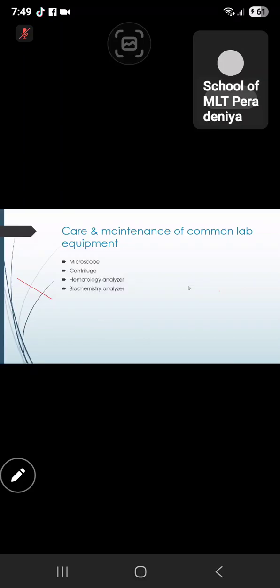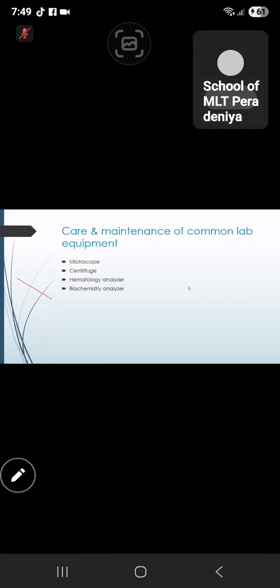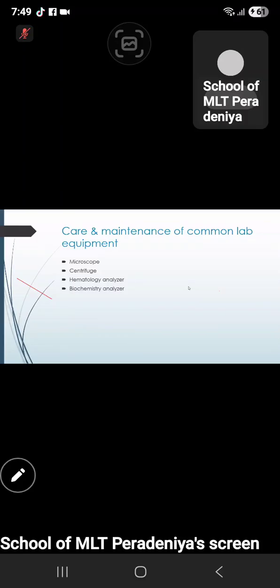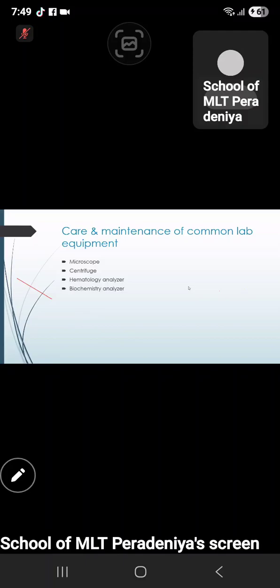Can anybody say the care and maintenance of the microscope? I think you can remember from school days. You have learned these things, but just to refresh, what do we have to do when considering care and maintenance of the microscope? Anyone?